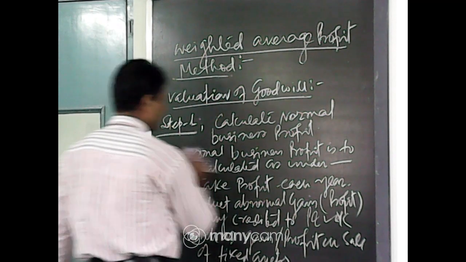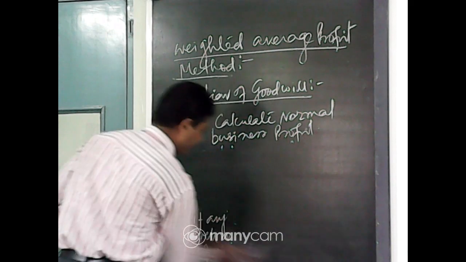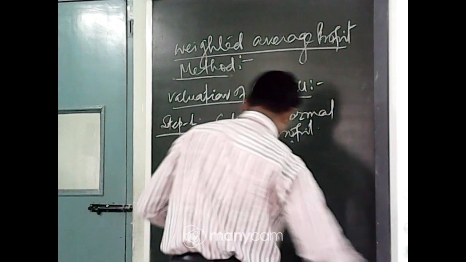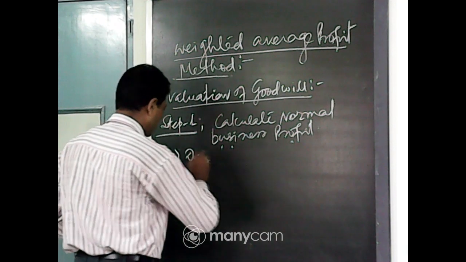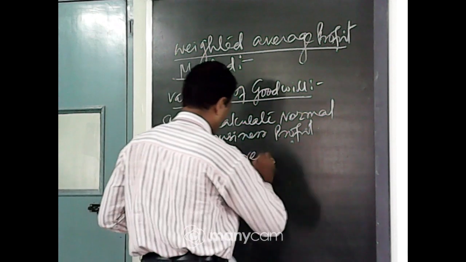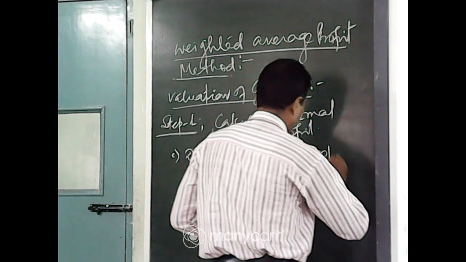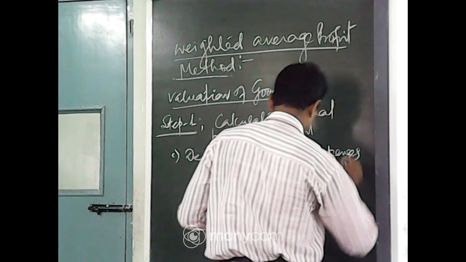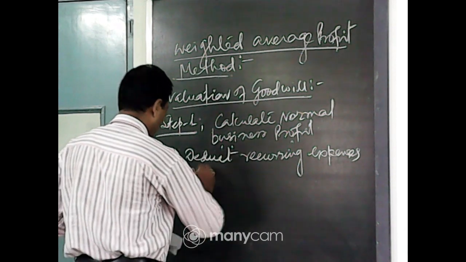Now next, C. Deduct recurring expenses not incurred during the year.